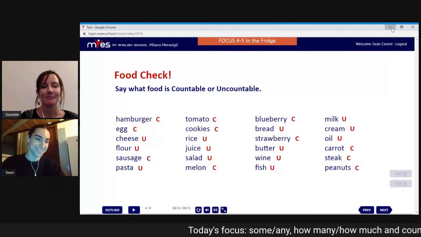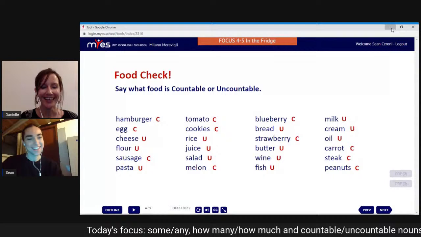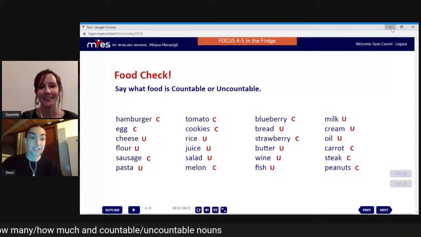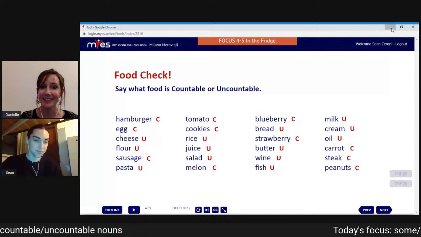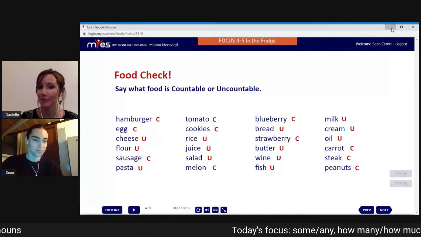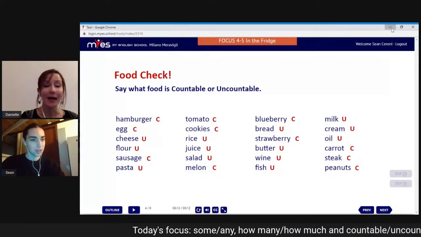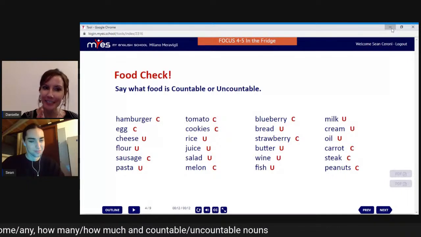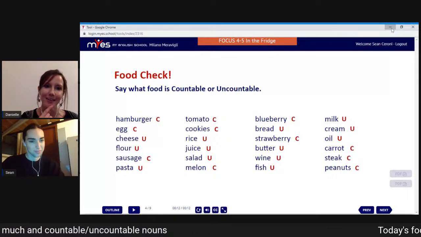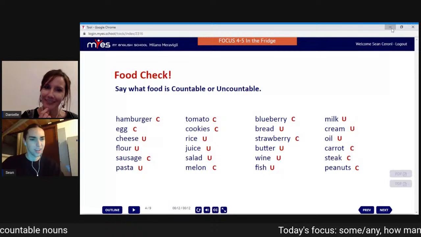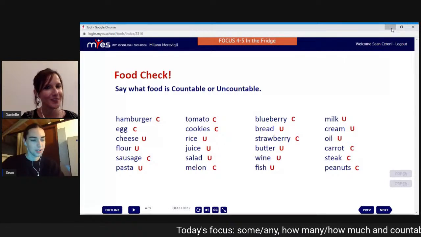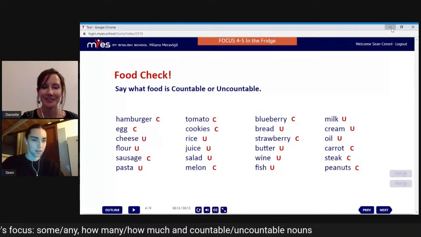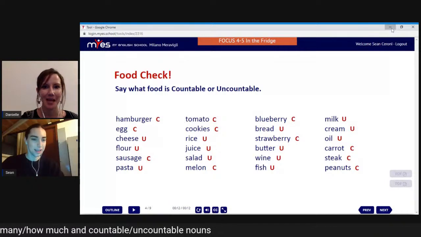It's good, isn't it? I really like tomatoes and I really like salads and I like all types of fruit. But the one food I really don't like, there's only one thing, and it's cream. I don't like cream. No, never. Not in cake or anything, not ever. Interesting. How about you?